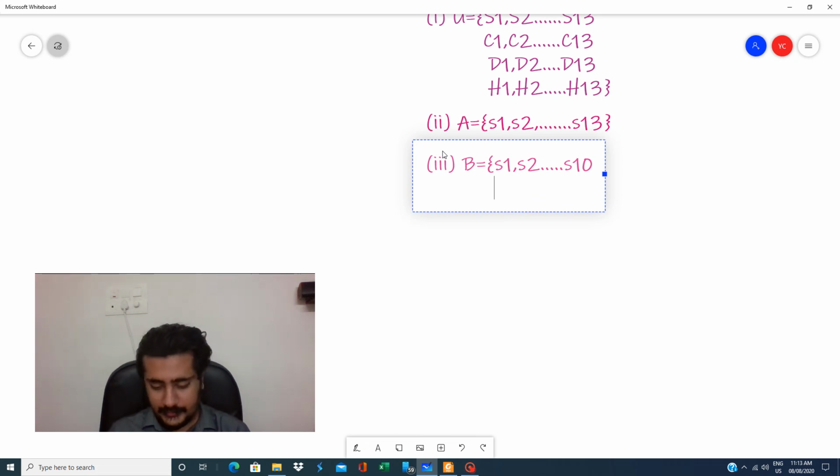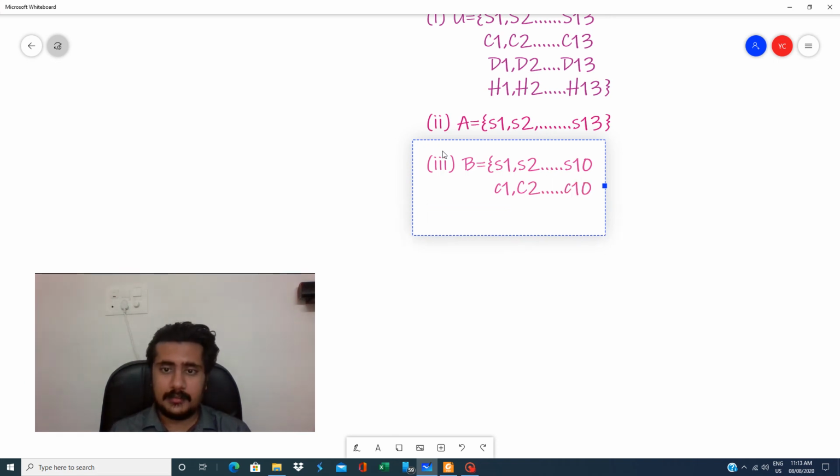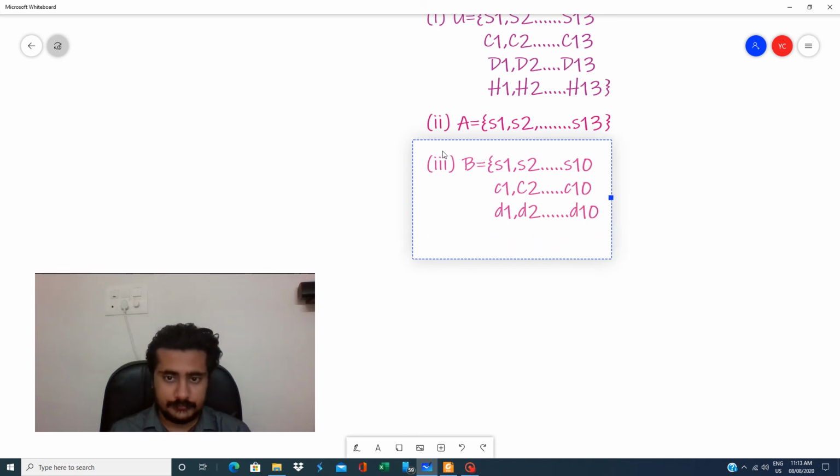Same way C1, C2, and it goes up to C10. Same way D1, D2 up to D10, H1, H2 up to H10.